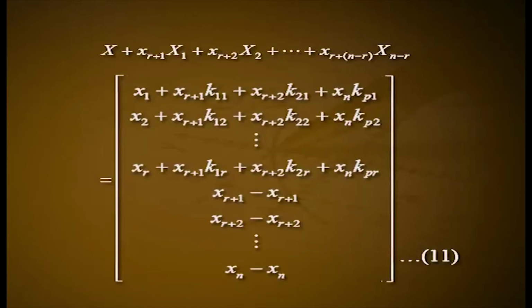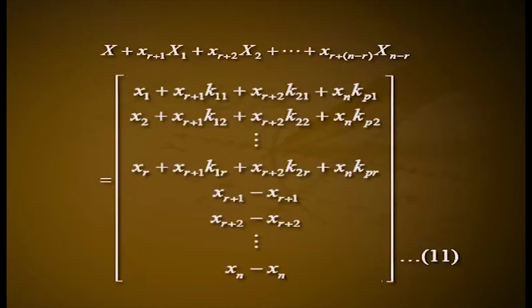Consider now the column matrix x plus xr plus 1 x1 plus xr plus 2 x2 plus etc. plus xr plus n minus r xn minus r, which is equal to the matrix with entries x1 plus xr plus 1 k11 plus xr plus 2 k21 plus xn kp1, x2 plus xr plus 1 k12 plus xr plus 2 k22 plus xn kp2, etc., xr plus xr plus 1 k1r plus xr plus 2 k2r plus xn kpr, xr plus 1 minus xr plus 1, xr plus 2 minus xr plus 2, etc., xn minus xn.